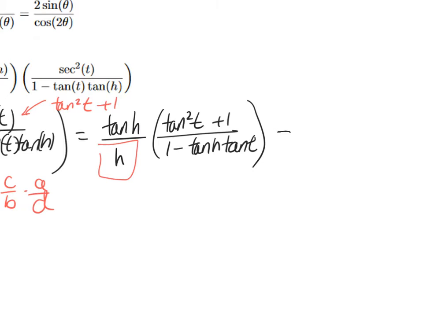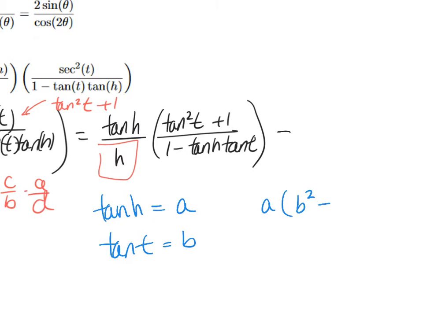So if I replace the tangent of h, everywhere I see that I'm going to call that a, and everywhere I see the tangent of t, I'm going to replace that with b. Then what I equivalently have is a b squared plus 1 over, I'm going to ignore the h because it's going to come along for the ride, 1 minus ab. So this is what I basically have.